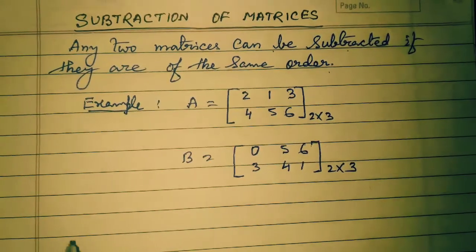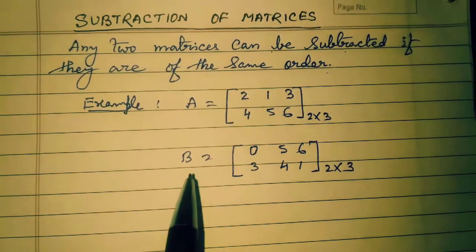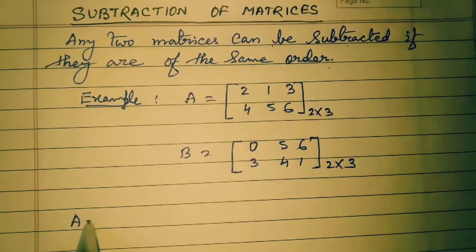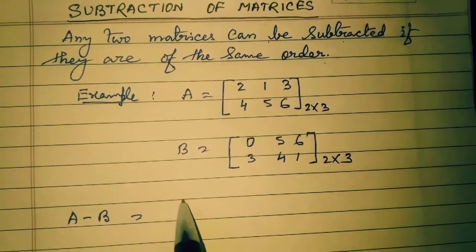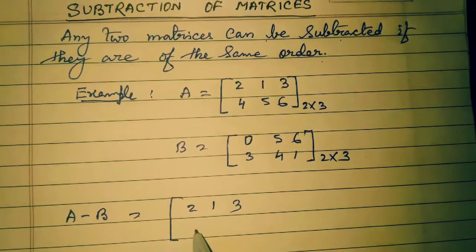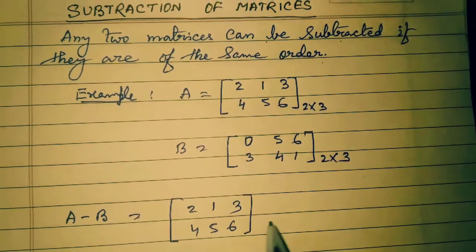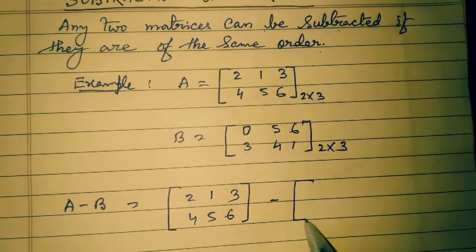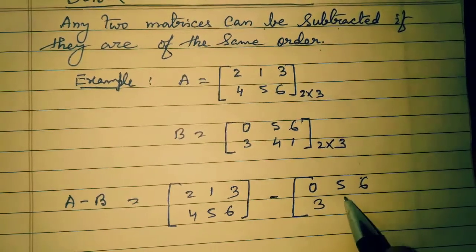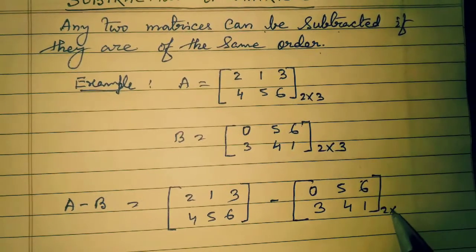Suppose we subtract the matrix B from A, so we get A minus B. What is A minus B? This is 2, 1, 3, 4, 5, 6 minus 0, 5, 6, 3, 4, 1. Both are 2 into 3 order matrices.